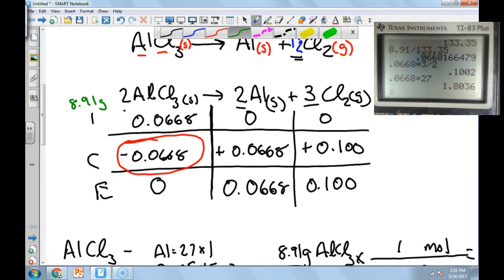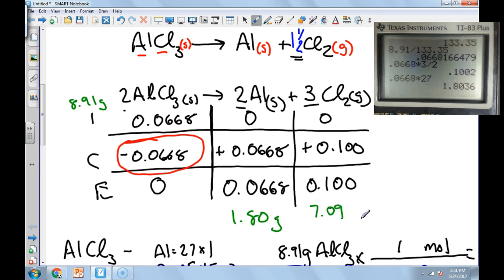So now we can go up here, and even though it's not part of the ICE chart, what I can do is take this: this was 1.80 grams, and this was 7.09 grams. Now there's a check, and the check is to compare how many grams we started with. Because of the law of conservation of matter, the number of grams that we started with should be very similar to the number of grams that we ended with.